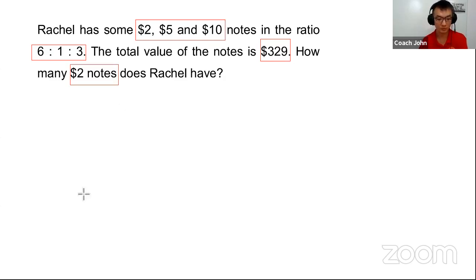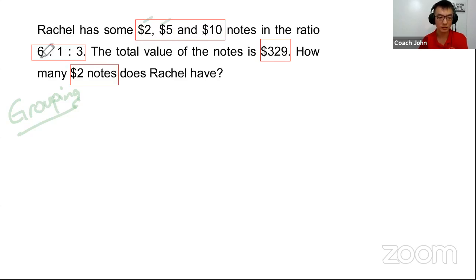Now what do I mean by grouping? Let me write here, grouping. The reason why I can see that it's grouping is because Rachel has 3 kinds of notes, $2, $5, $10.